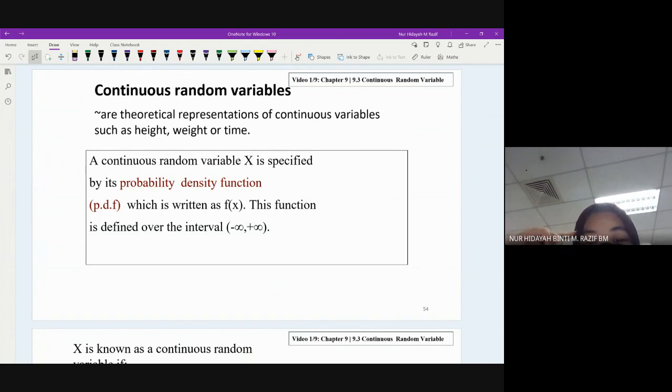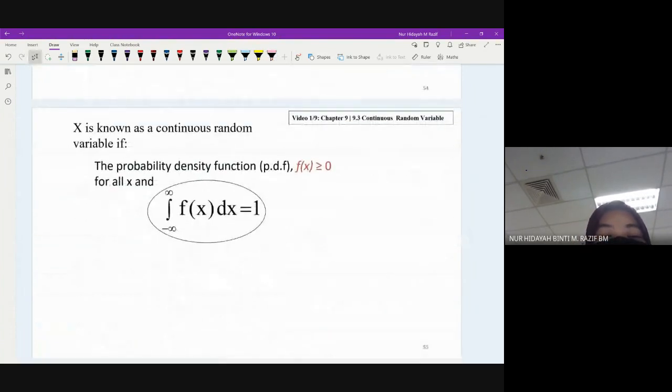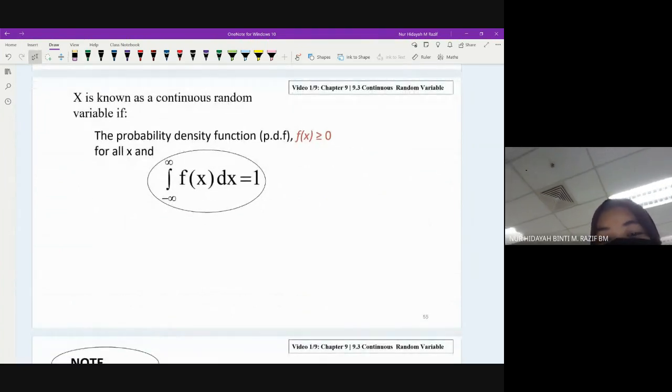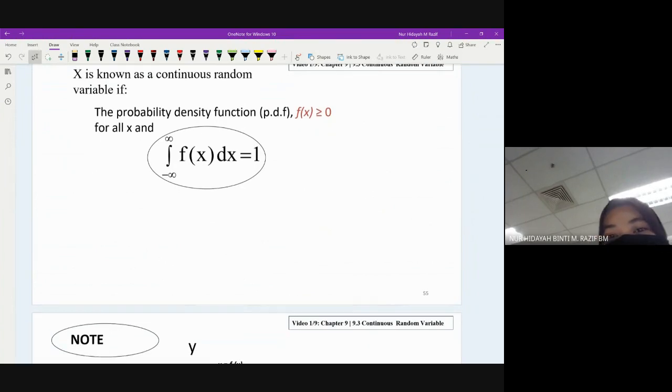So continuous random variable x is specified by its probability density function, which is PDF, yang mana it is written as small fx. So this is the notation. This function is defined over the interval negative infinity up to positive infinity. So x is known as a continuous random variable sekiranya the probability density function PDF is greater than 0.